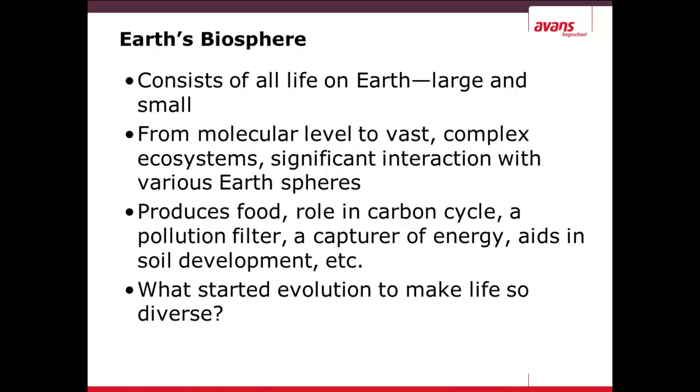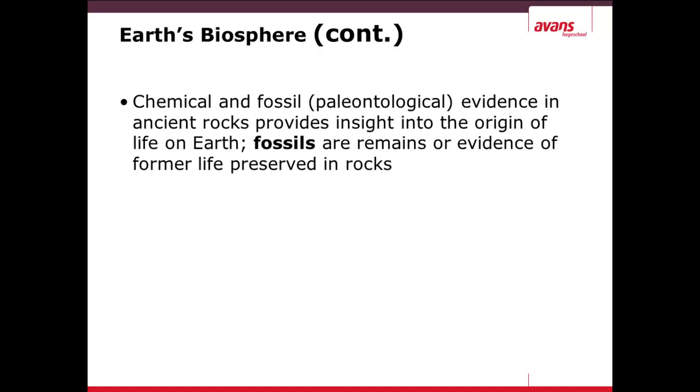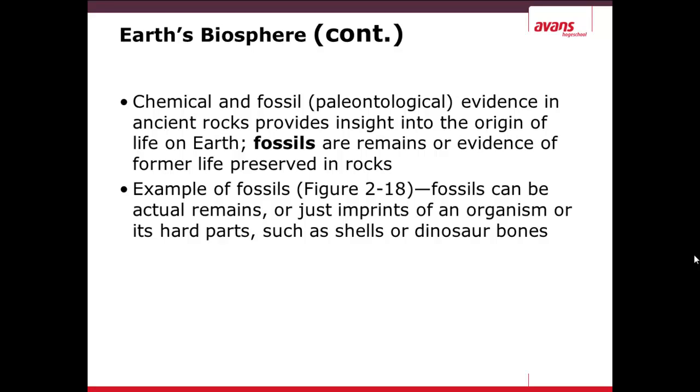So what started evolution to make life so diverse? Well, chemical and fossil or paleontological evidence in ancient rocks provides insight into the origin of life on Earth. And we look at these fossils, the fossil record, to study evolution on our planet. Examples of fossils will be in the next slide.